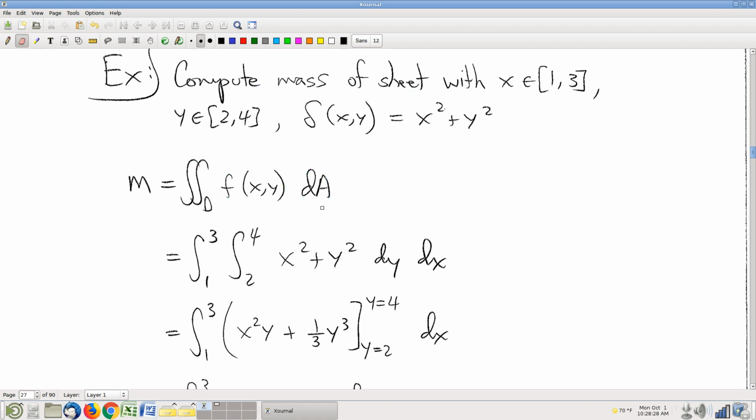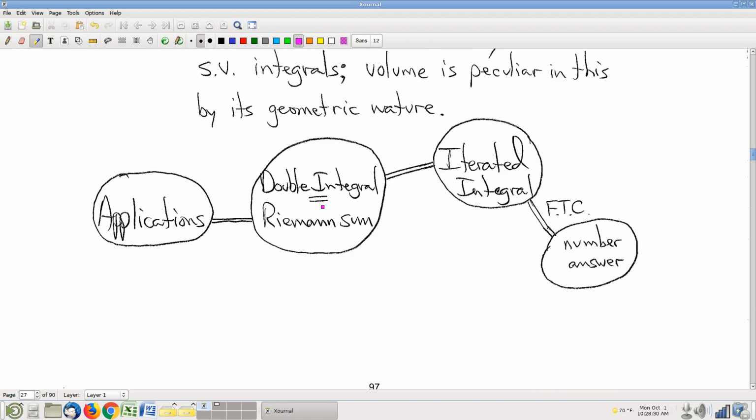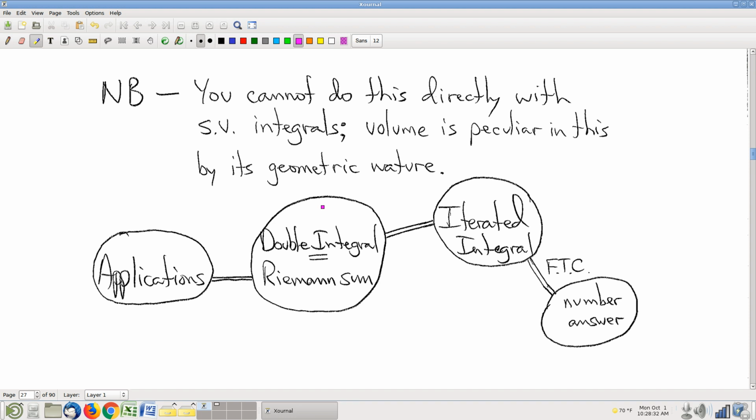So this is an unavoidable strategic flow chart of how you're going to solve these kinds of problems. We've got to have double integrals because applications connect to double integrals. So step one is to take your application and rewrite it as a double integral. Step two, let's recognize we don't have a fundamental theorem of calculus for double integrals.